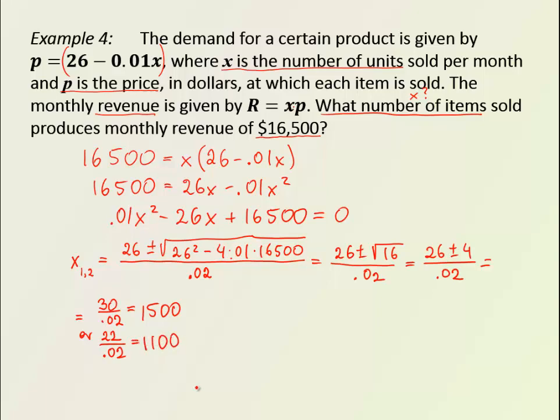So what does this mean? Well, it means that X could be 1500 or 1100 items sold. In both situations, we'll end up with the same revenue, 16,500.